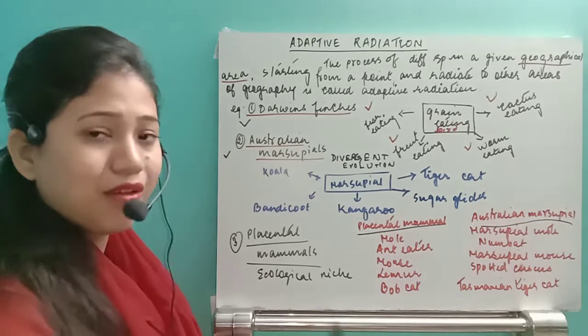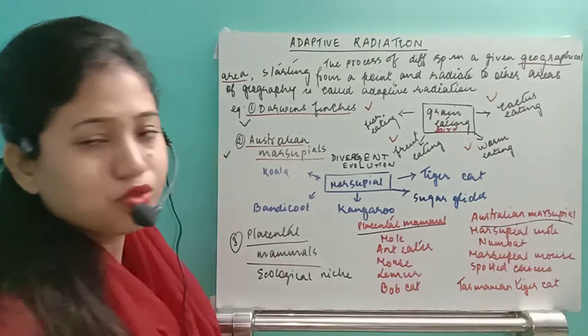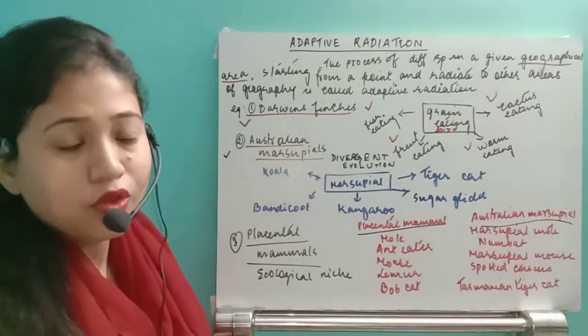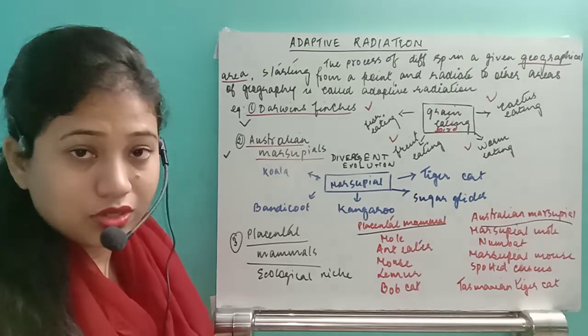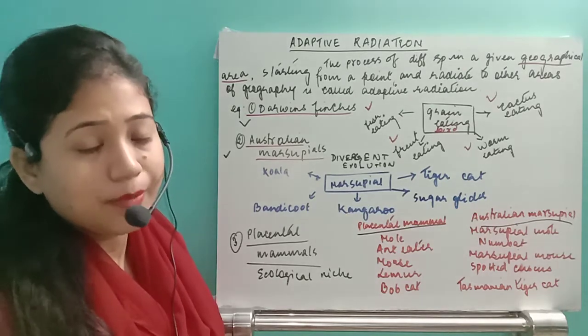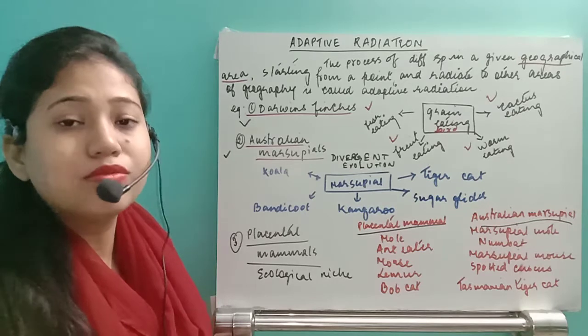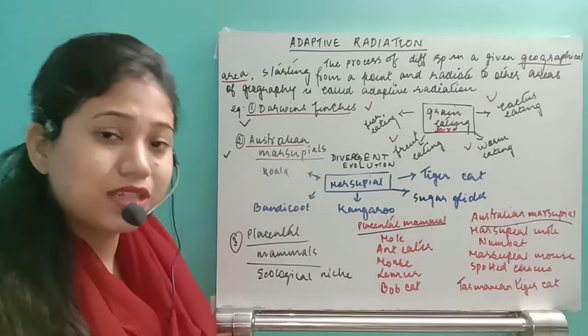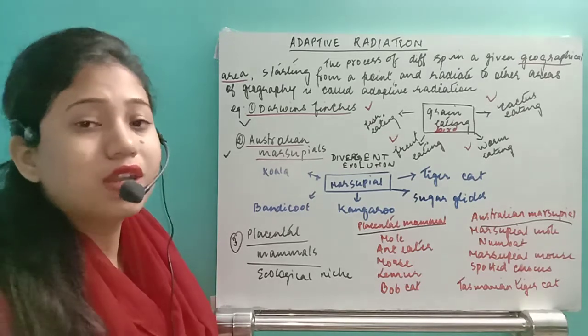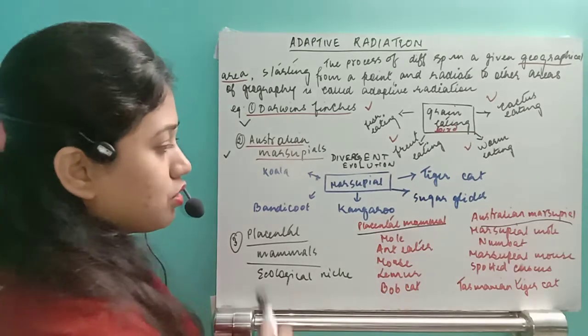Placental mammals have a placenta, and Australian marsupials don't have the placenta, so they're completely two different orders in the class Mammalia. As they're living in the same geographical area, in the same ecological niche, they started to look the same.